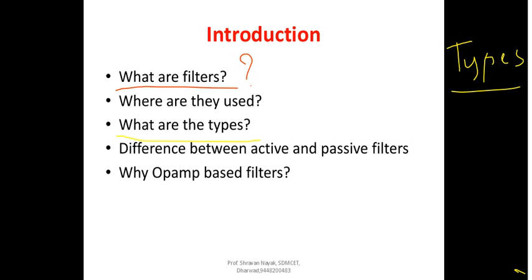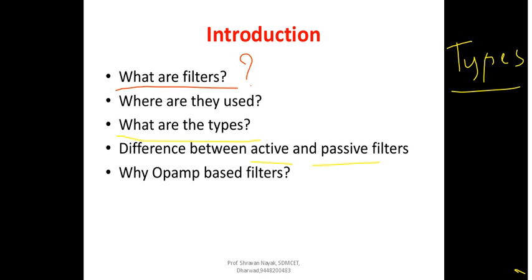The very first one depends upon what kind of components you are making use of. So that gives us two categories. One is called the active filter and another is called the passive filter. Anyway, the active filters and passive filters I will discuss, but before that, let us see what the other categories of the filters are.